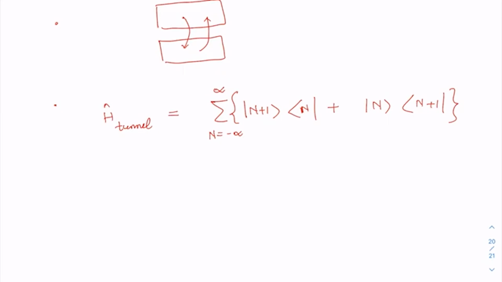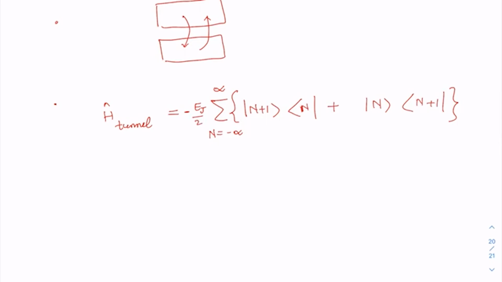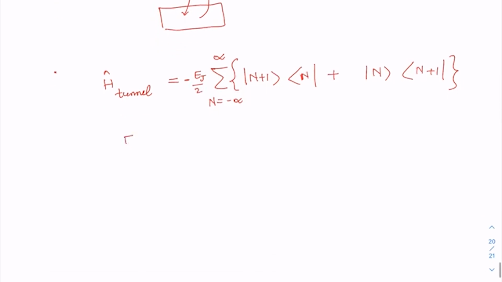Conventionally this energy is written as minus Ej by 2, where Ej is called the Josephson energy. This depends on the geometry and the material properties of the Cooper pair box. You can consider this as the amplitude of the Cooper pair tunneling, or the coupling strength.